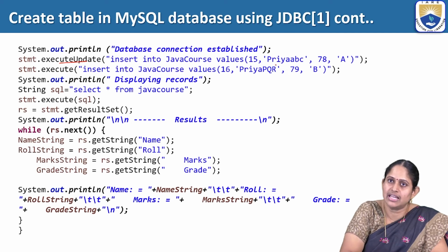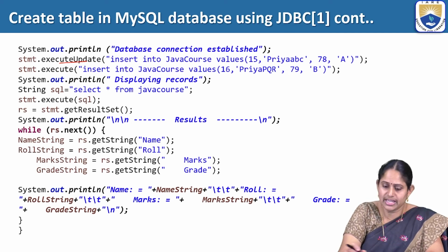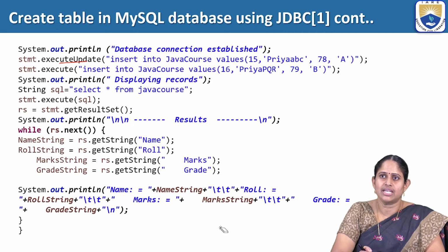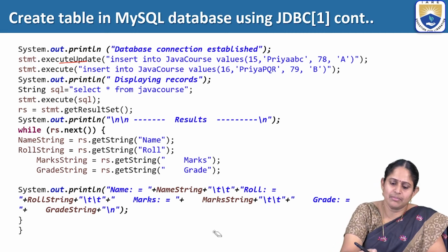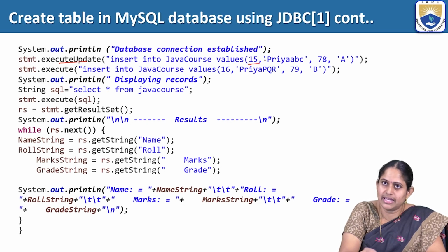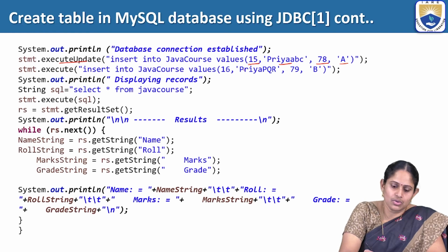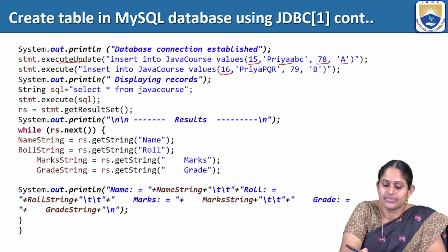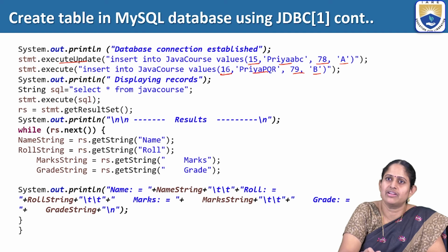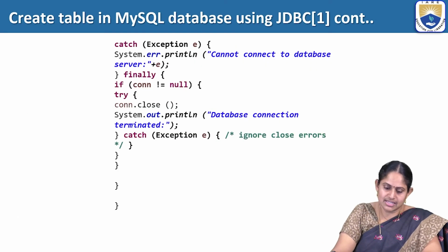We already have a table in which a few rows are inserted, and into that table I'm entering the next row with the roll number, ID, as 15, then Priya ABC as the name, and the marks and her grade. Then I'm passing the data for the second row. So to my already existing table, these two rows will be appended.